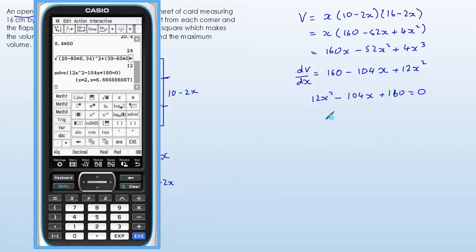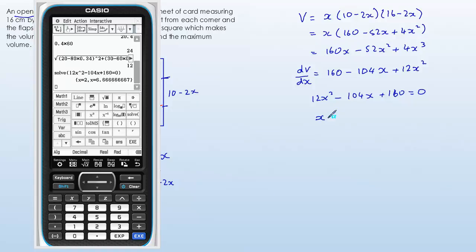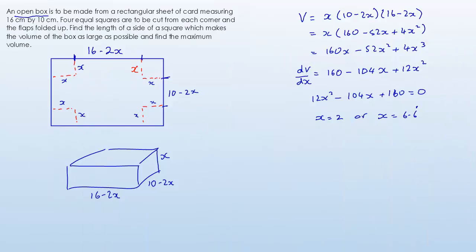And that gives me either x is equal to 2 or x is equal to 6.6 recurring. Looking at these answers, we probably could have factorized this without the calculator, but we've saved time anyway by doing that. So let's have a look at these.